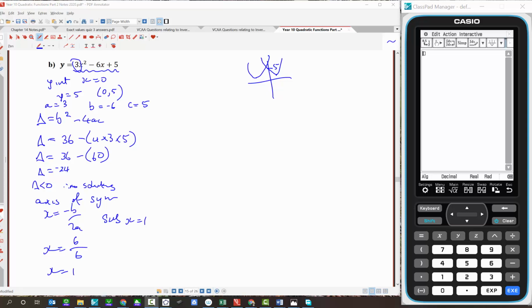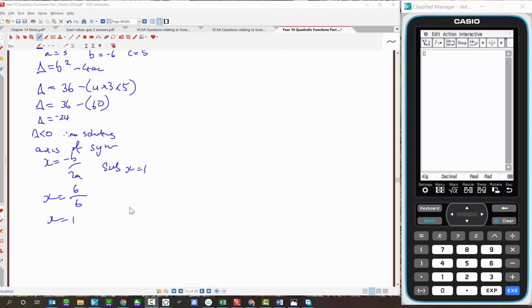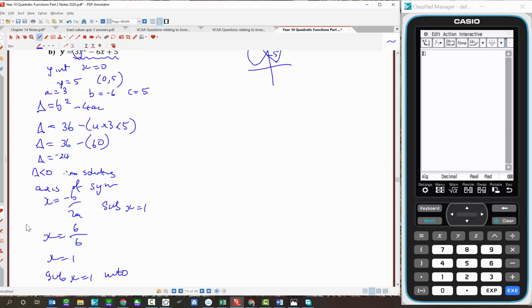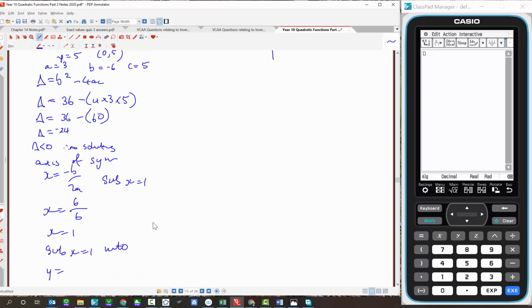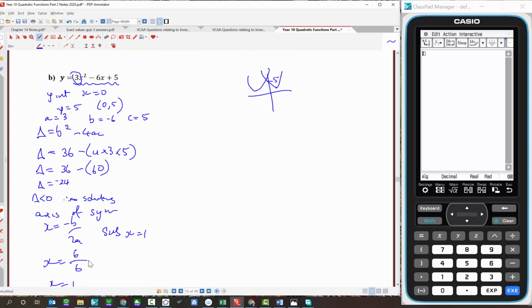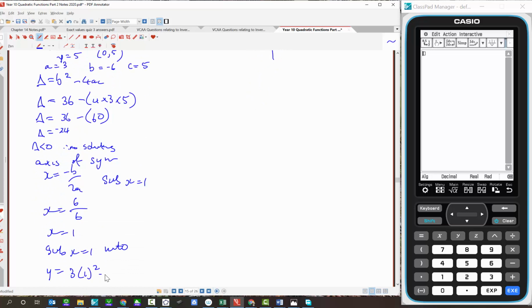So sub x equals 1 into y equals our original function, which was 3x squared, take away 6x, plus 5, I think, from memory.